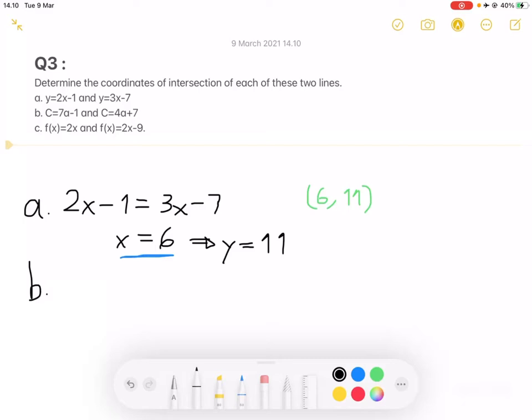For part b, we have c equals 7a minus 1 and c equals 4a plus 7. Again, we can just set these both equal to each other and then solve for a afterwards. So we get a is equal to 8 over 3.